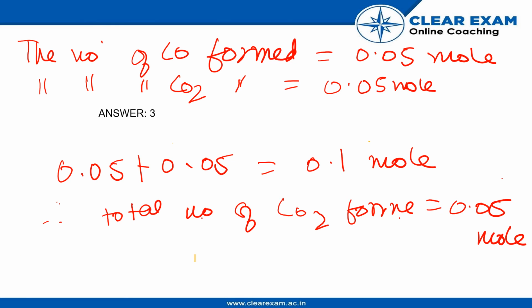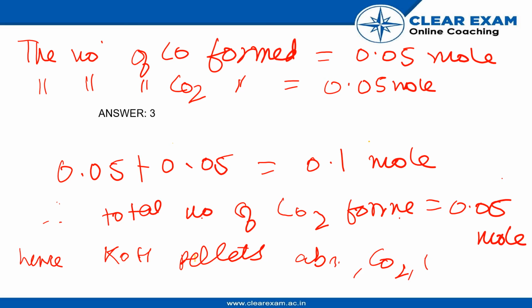Hence, KOH pellets absorb all CO2, and H2O is absorbed by H2SO4. Thus, CO is the remaining product.